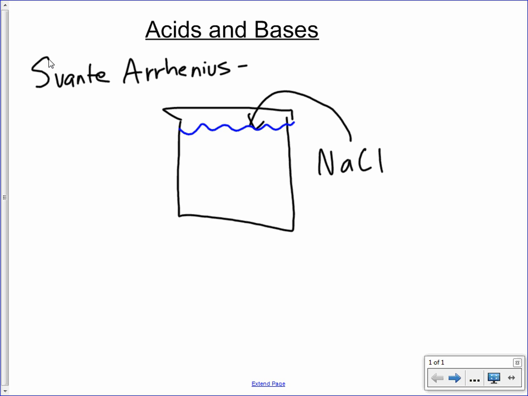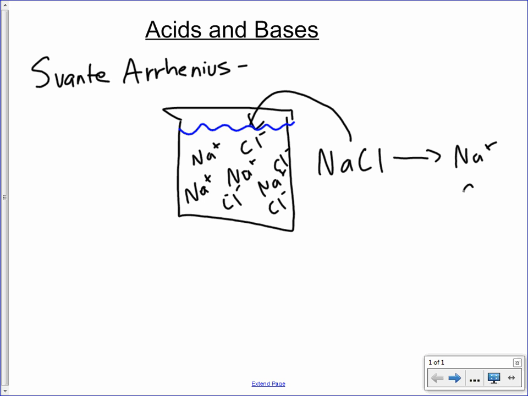What happens when it dissolves is that NaCl is splitting up into Na and Cl ions. Those ions are just floating around in the solution.